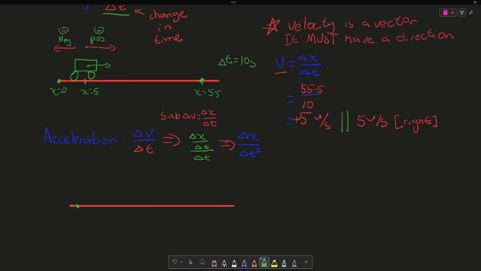At rest means its velocity is 0, at x equals 1. And after it starts from rest, it constantly accelerates up till x equals 51. And when it is at x equals 51, it took, let's say, 10 seconds to get here.